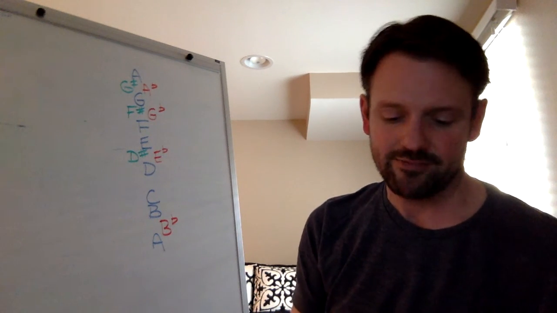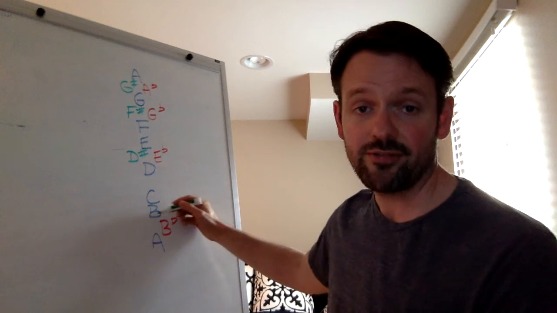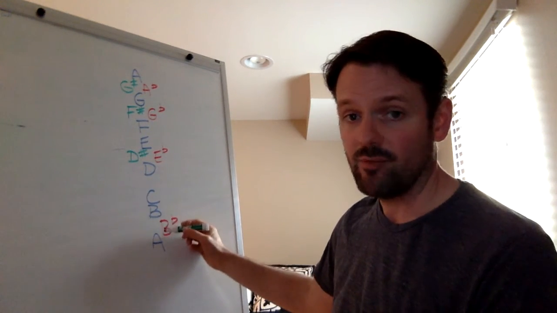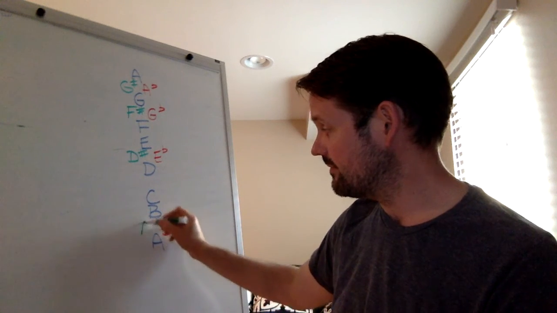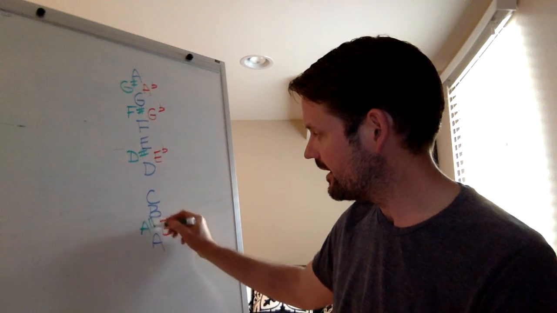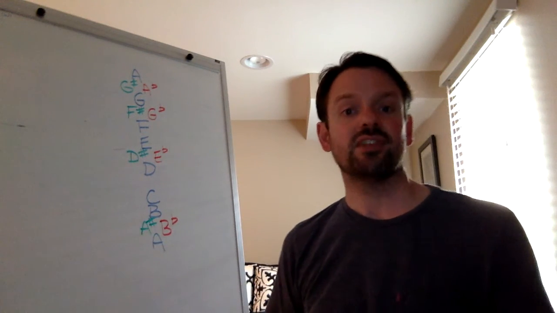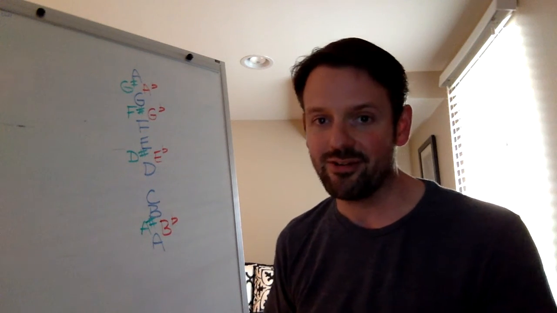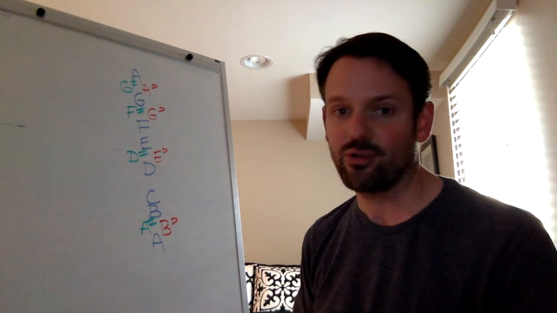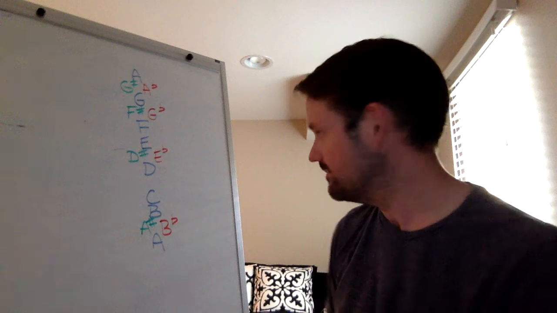Now our B flat. B flat is lower than B, so it's a B flat, but it's also going to be the same as an A sharp because it's higher than A. So when you see an A sharp, don't freak out and think that it's a note that you don't know how to play. It's the same as the B flat that you've been playing, most of you, for a really long time.